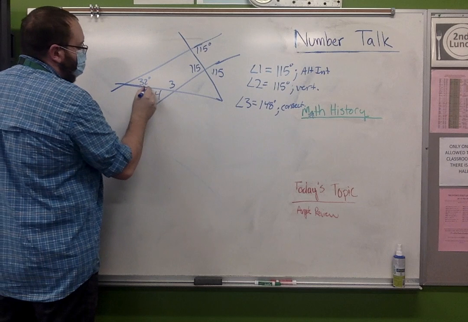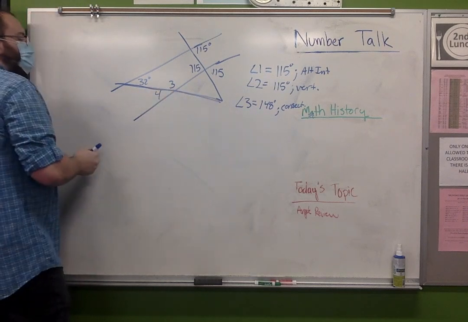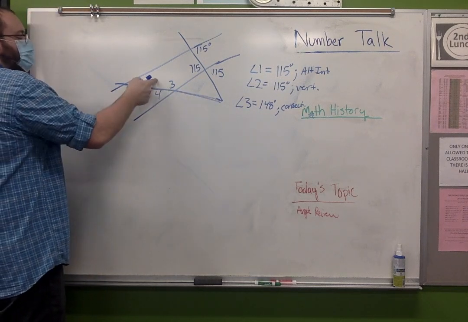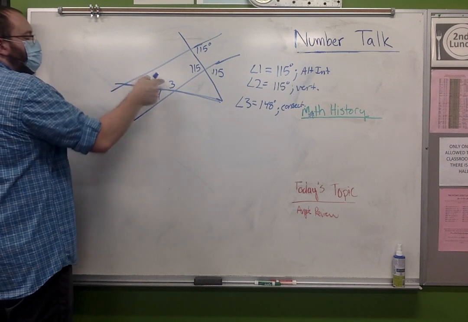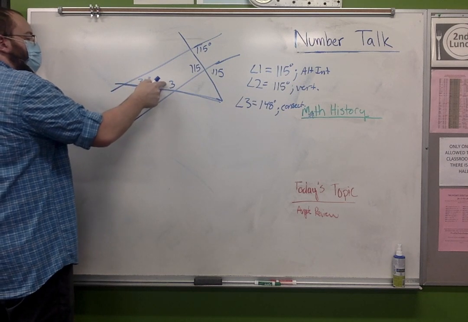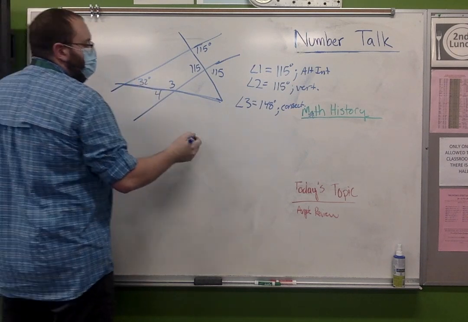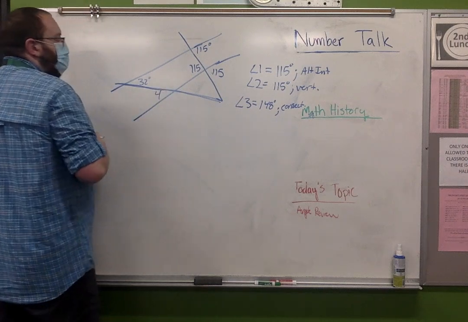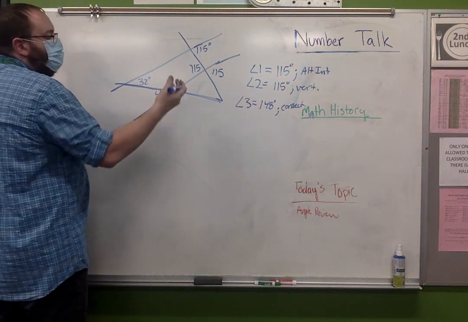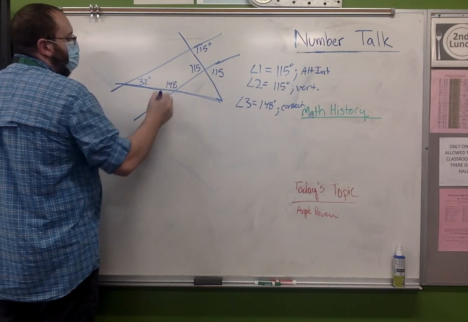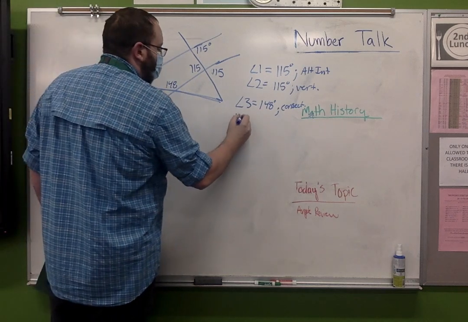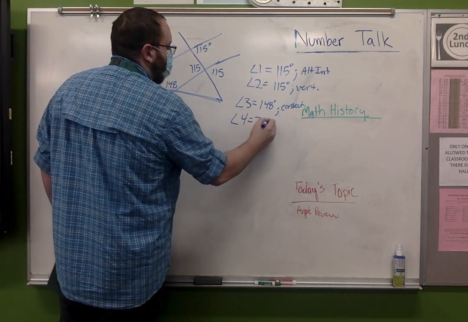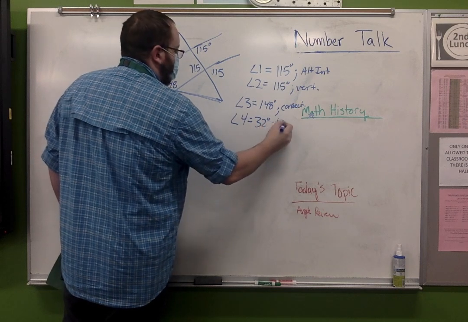Here's my transversal. Here's my parallel lines. Same side interior, 32 plus this has to be 180. So 180 minus 32 is 148, which is angle 3. And then angle 4 is 32 degrees because of linear pairs.